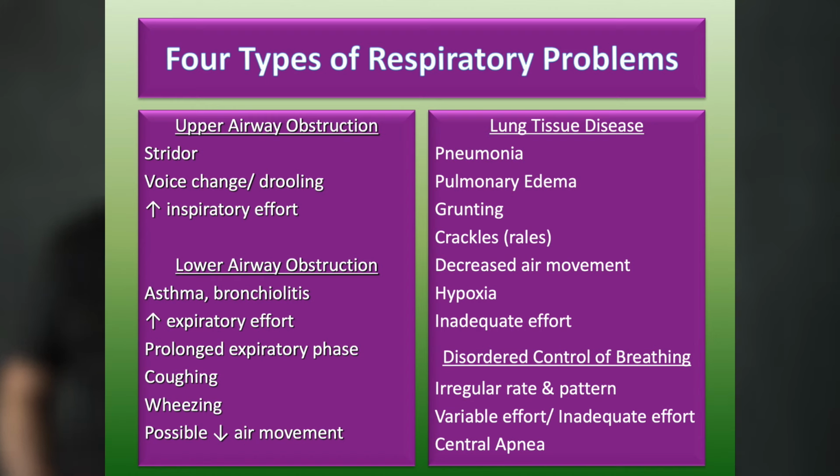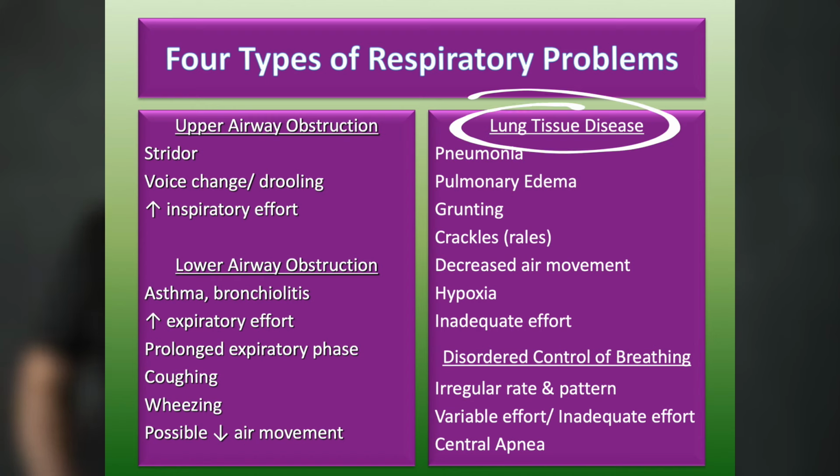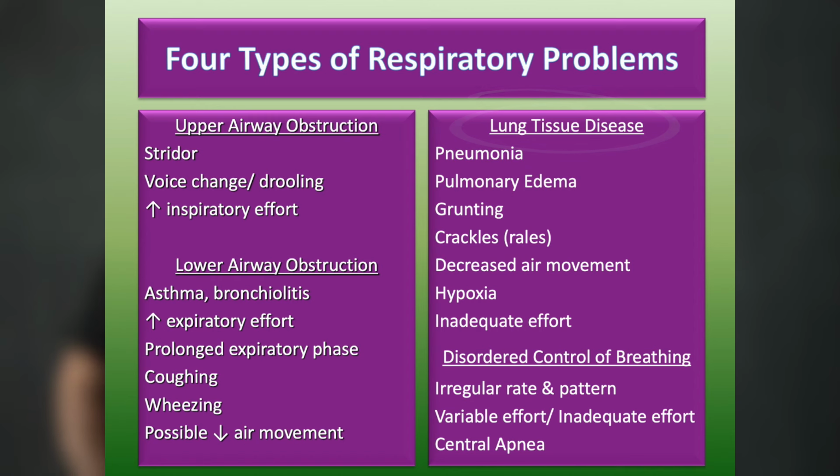When we look at lung tissue disease, we see things like pneumonia, pulmonary edema. We see the child start to have crackles. These are the children who may start to grunt. We may see decreased air movement. These children become more hypoxic and are a little bit more serious. We may see inadequate breathing efforts in them as well.